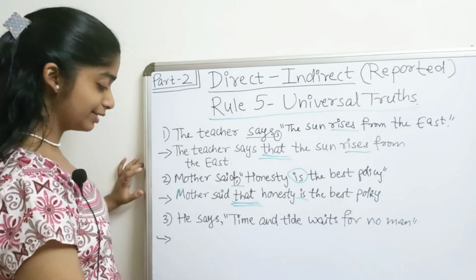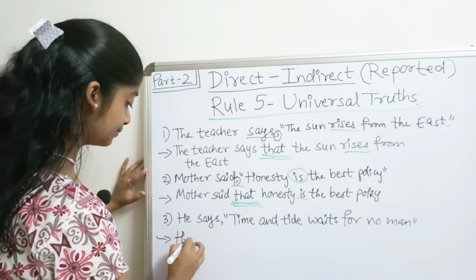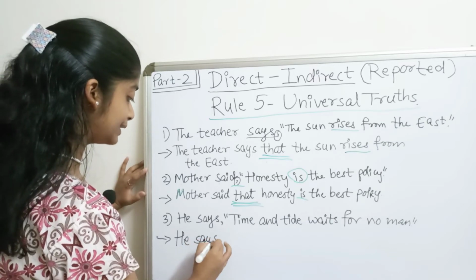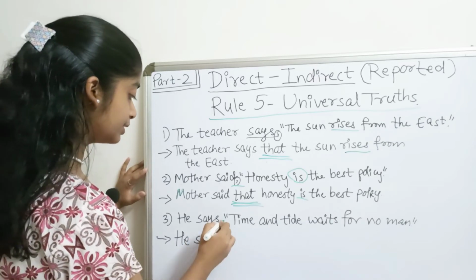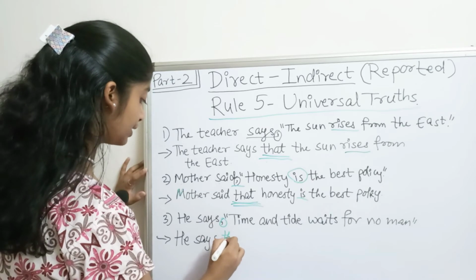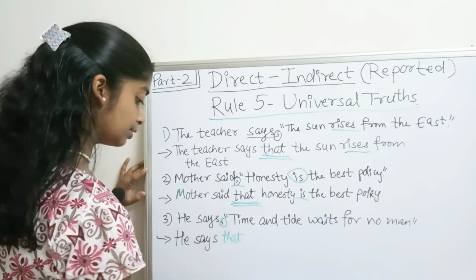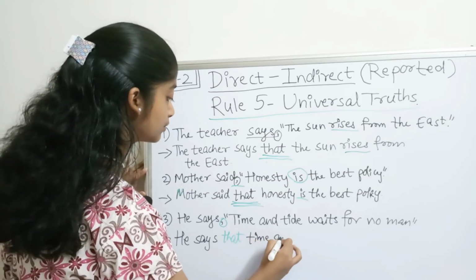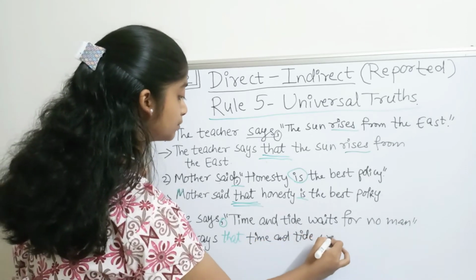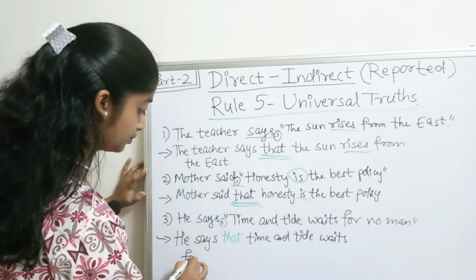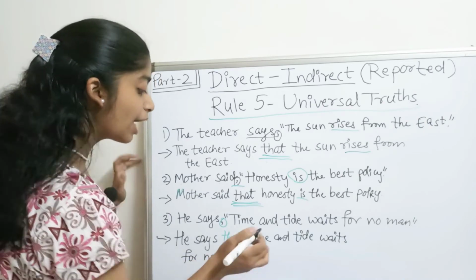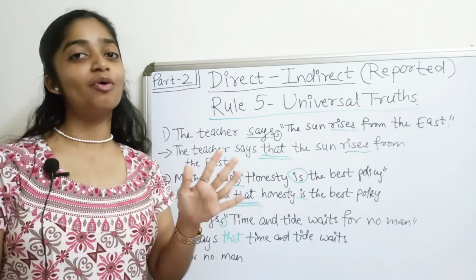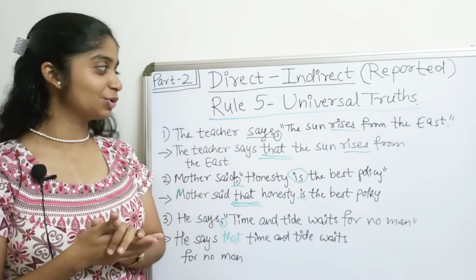The third one is, he says, time and tide waits for no man. So he says, instead of the comma that, time and tide waits for no man. And we are done with it. This last one is the easiest of all the rules that I have explained to you.